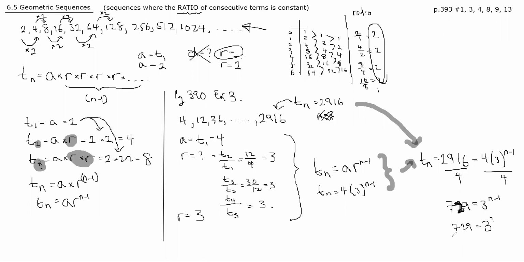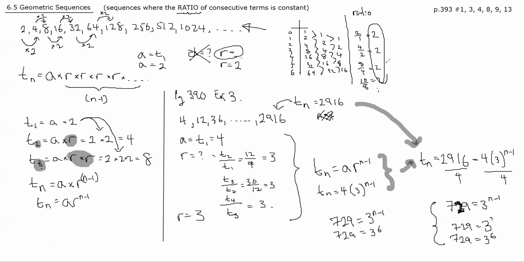Did you try it? I'm going to assume you paused the video and gave it a shot. 729 is the same as 3 to the power of 6. Yes, 3 to the power of 6. So again, sorry for going all over the place. I just ran out of space. So 729 is equal to 3 to the power of n minus 1. But I just told you 729 is equal to 3 to the power of 6.